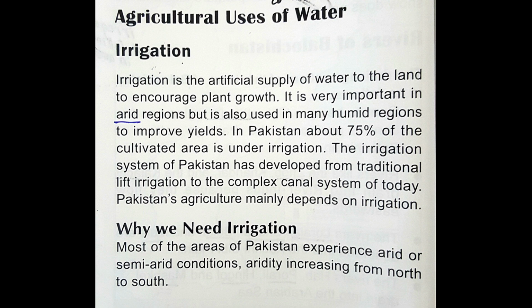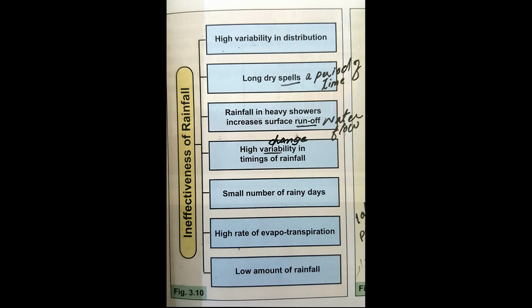Students, in figure 3.10, there is ineffectiveness of rainfall, and these are the reasons. First, high variability in distribution. The distribution is not general. Long dry spells. A spell is a period of time.